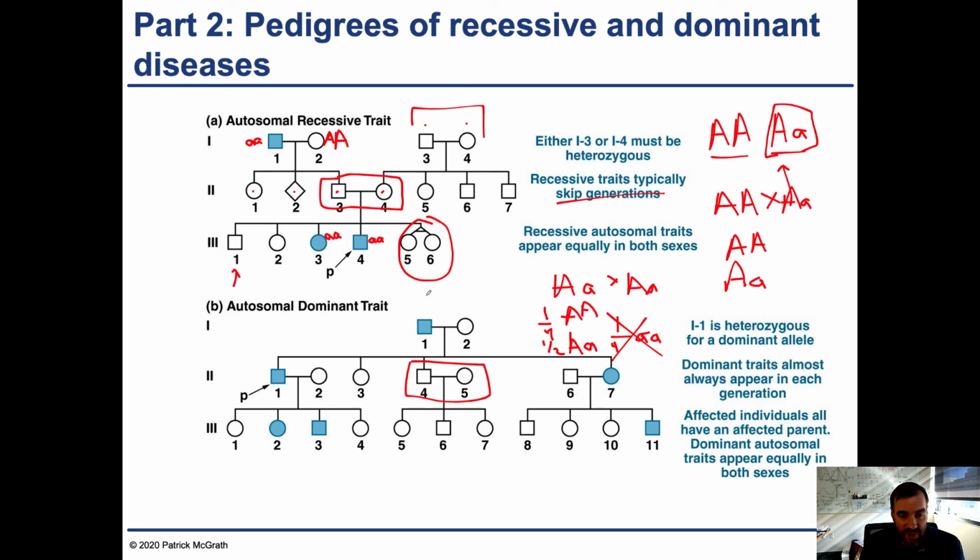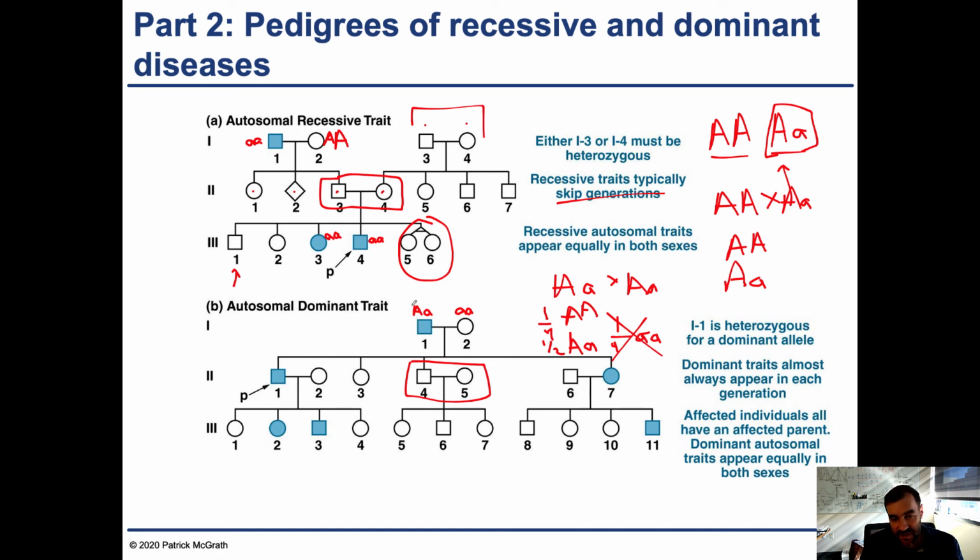So, autosomal dominant traits. In this case, you typically start with the assumption, unless you have proof otherwise, that someone that has it is just heterozygote.